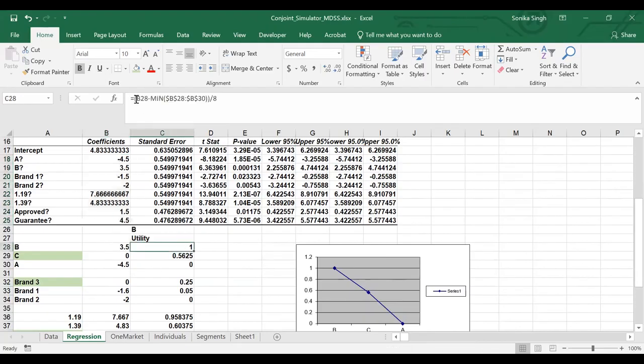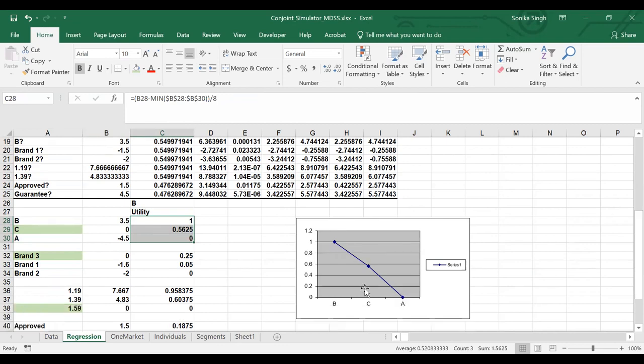So if you look at this formula, it is the part worth for B minus the minimum of all these 3 part worths divided by the total number of coefficients estimated. That will give you the utility for this particular level. This is a utility of 0.56 for level C and 0 utility for level A. And then you can plot these utilities to see the movement and how they vary across the different levels of an attribute.